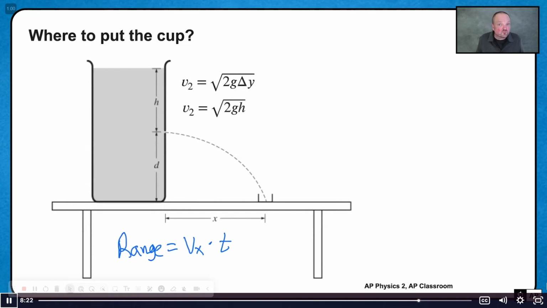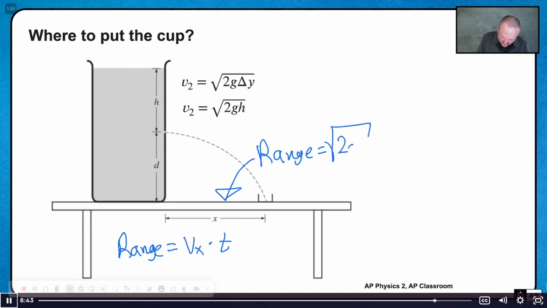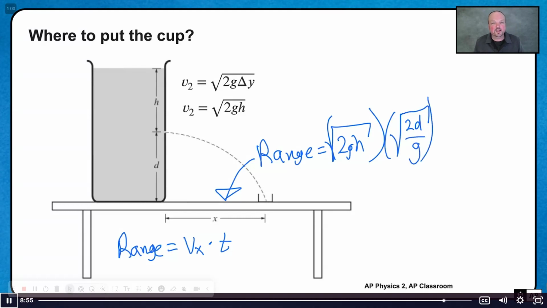Well, the t I can get from the kinematics equation, the square root of 2 times the vertical position change as it flies through the air, which in this case is d in this picture, divided by gravitational field strength. So my x, which is my range, is the square root of 2gh multiplied by the time, which is the square root of 2d over g that I get from the kinematics equation.